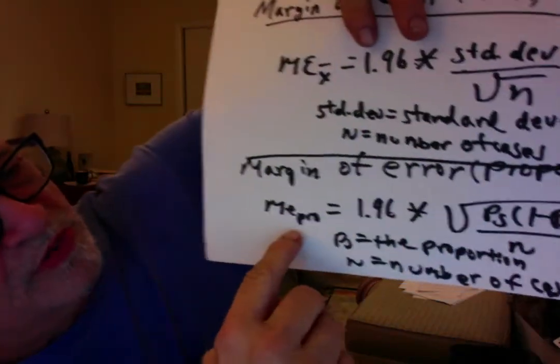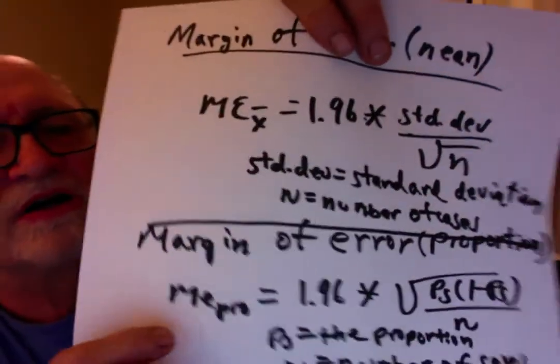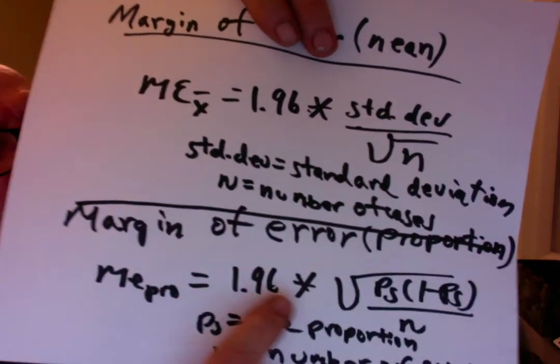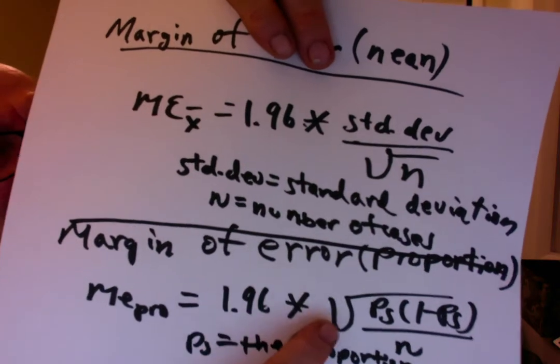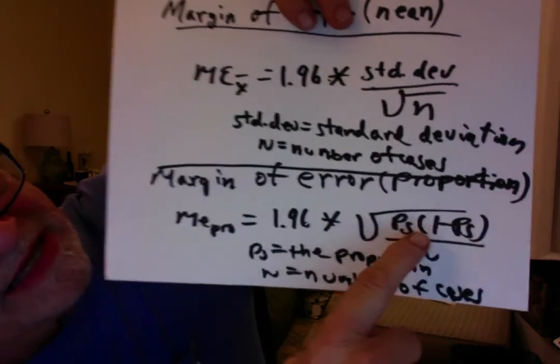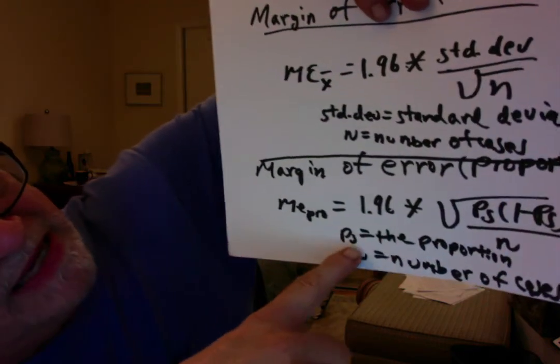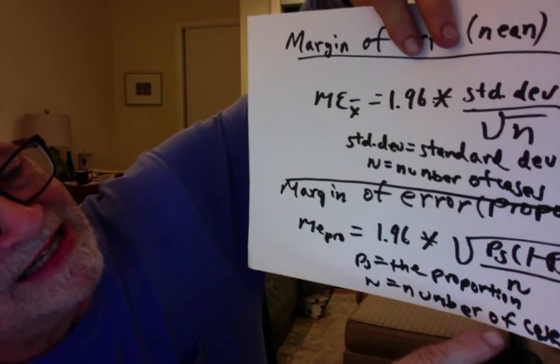And this is how we calculate the margin of error for a proportion. It's 1.96 times the square root of Ps times 1 minus Ps over N, where Ps is the proportion and N is the number of cases. So you have these two different formulas.